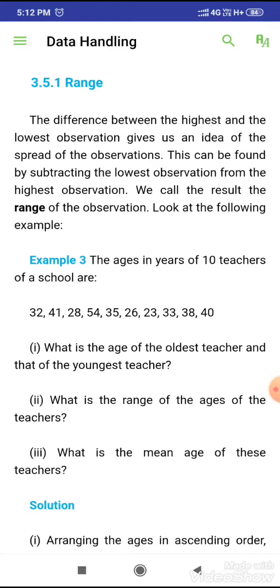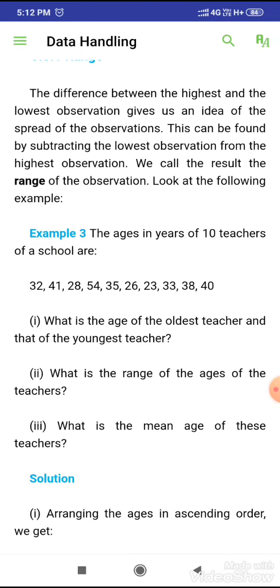In this example, it is given that the ages in years of 10 teachers of a school are as follows, and in the next line the ages are 32, 41, 28, 54, 35, 26, 23, 33, 38 and 40.